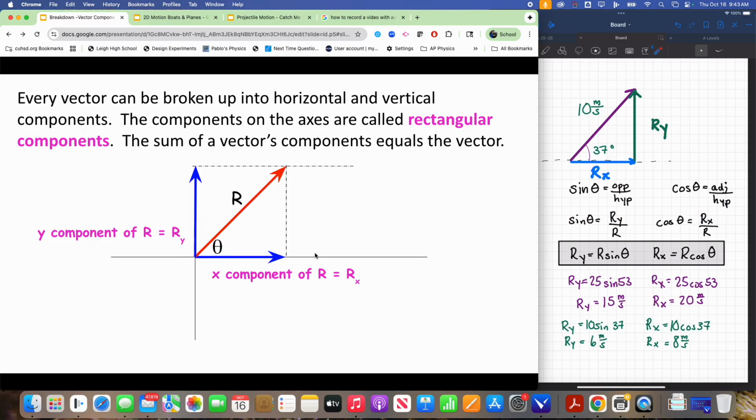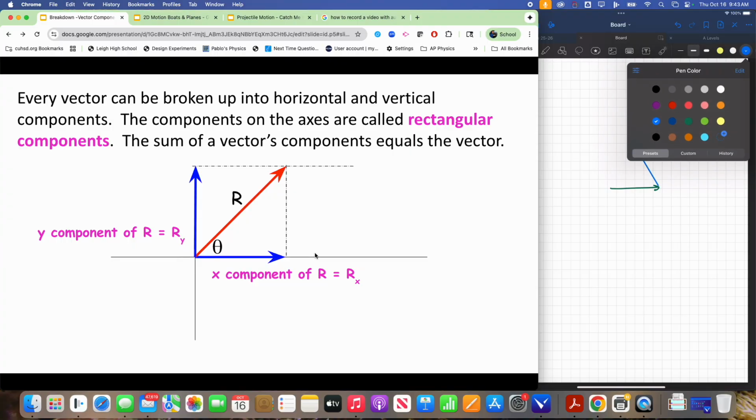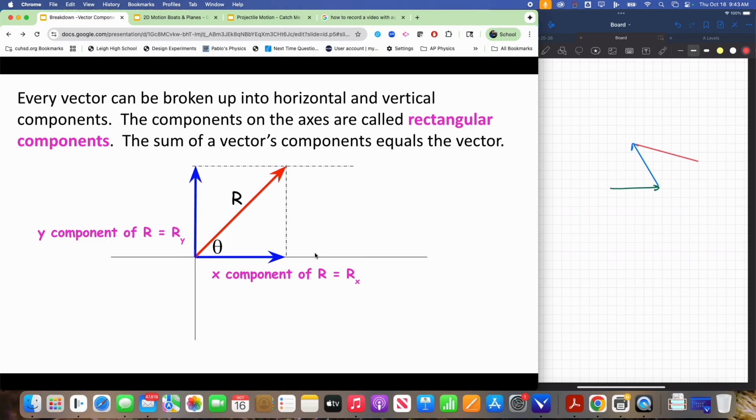Okay? So that's how you break up vectors into their horizontal and vertical components. And if we were to have a chain of vectors, let's say we're adding this vector to this vector to this vector, to add that chain of vectors mathematically, we would need to determine all the horizontal and vertical components of each of those vectors, add up all the horizontals, and then we would get one big giant horizontal component, and then add up all the verticals, and we get one big vertical component.